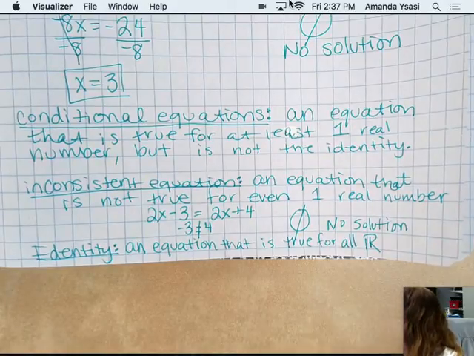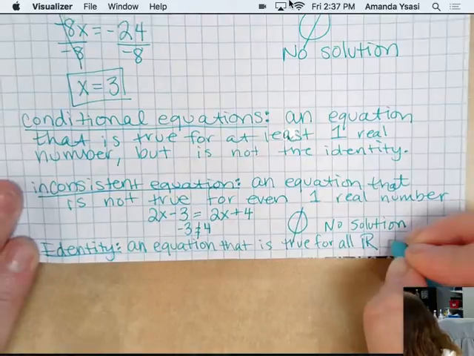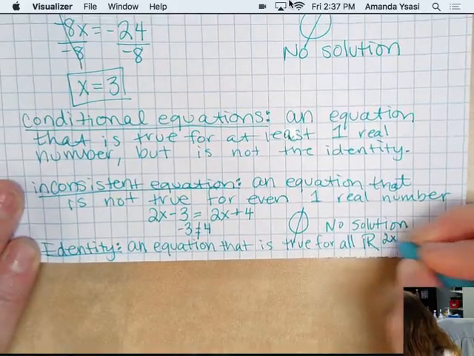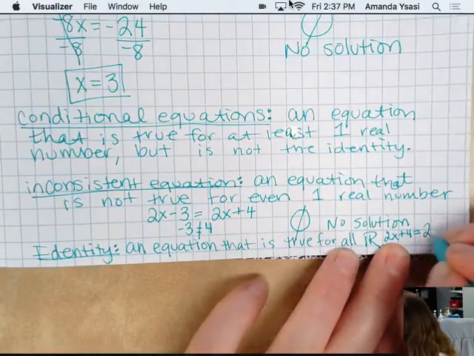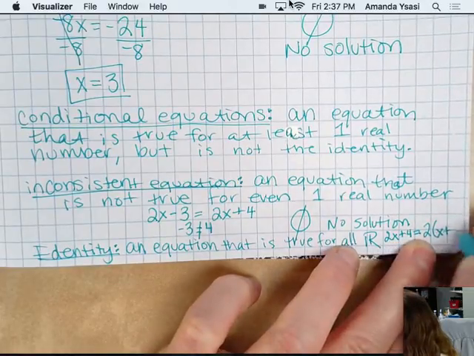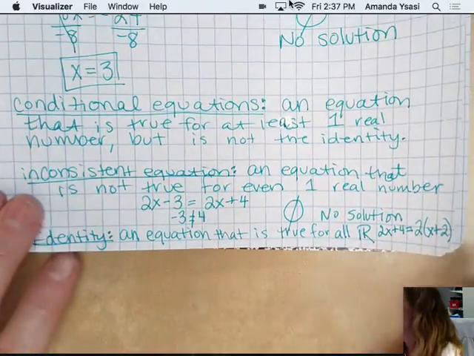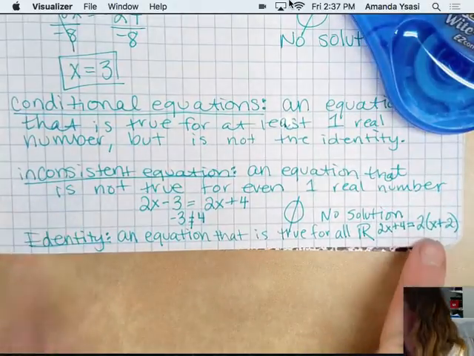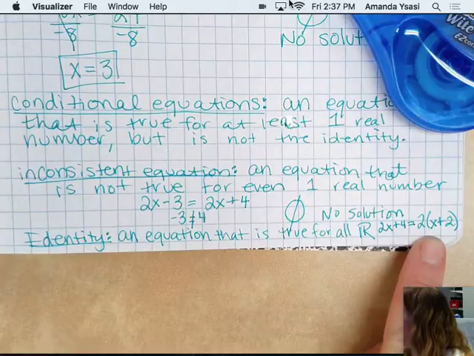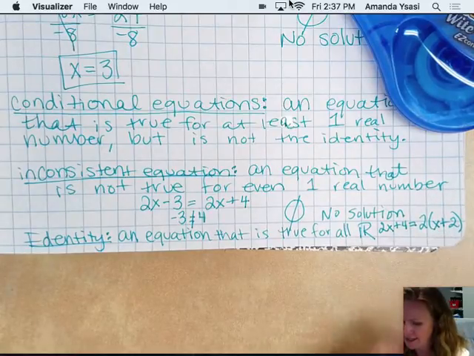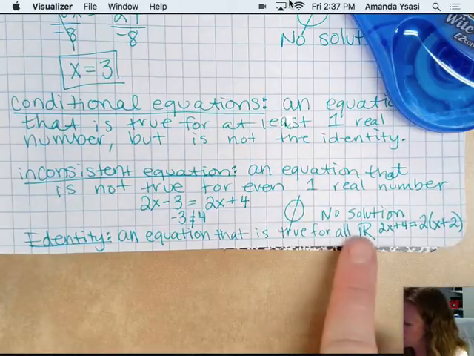So that'd be whenever you simplify it down, you end up having, let's say, 2x plus 4 equals 2 parentheses x plus 2. Because if I were to distribute that, I get 2x plus 4 equals 2x plus 4, which means no matter what I put in for x, it's always true. So as an identity, which is all real numbers.